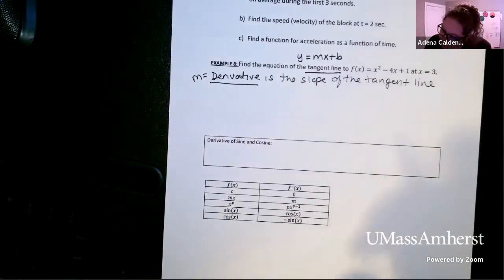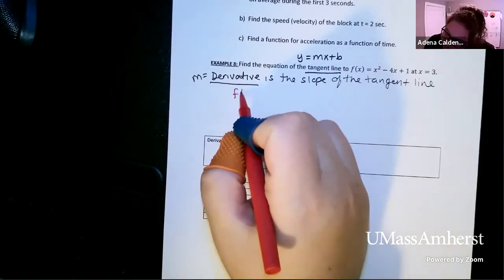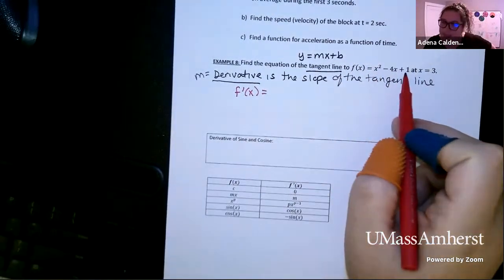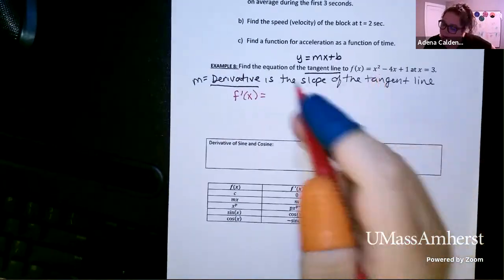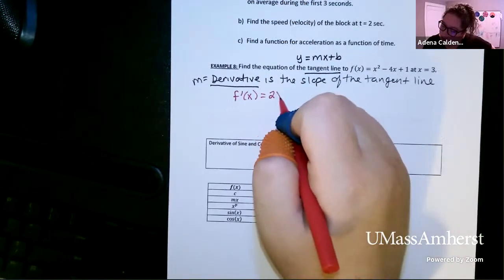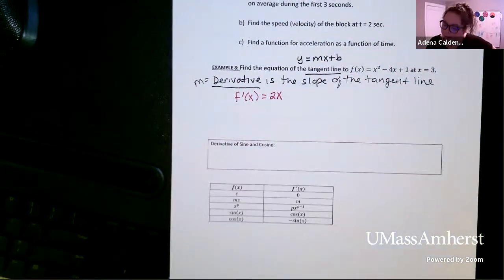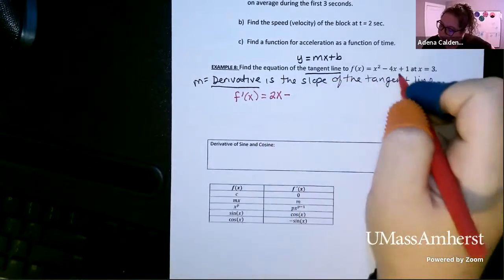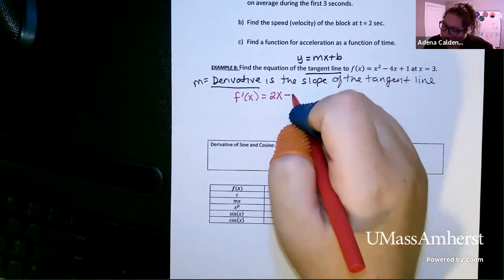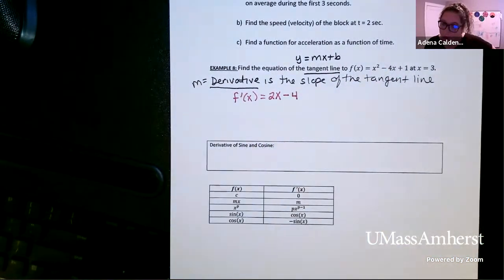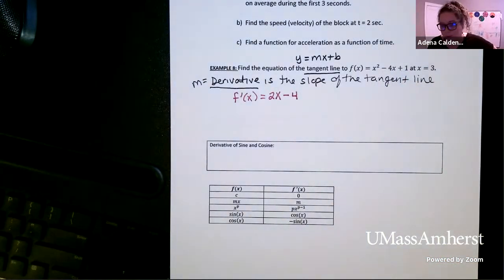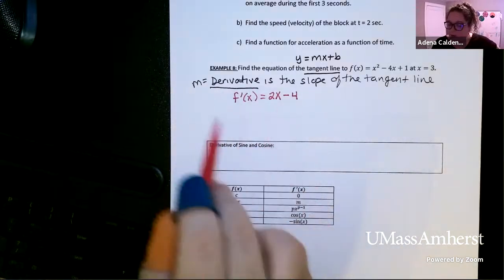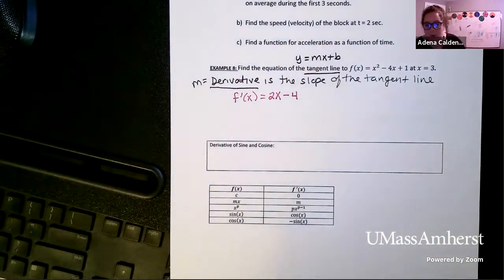Okay. So what does that look like here? So the derivative of this function, again, I see it separated by subtraction and addition. So here, the derivative of x squared is 2x minus the derivative of 4x is 4. And the derivative of 1 is 0. Okay. So my generic derivative is 2x minus 4.